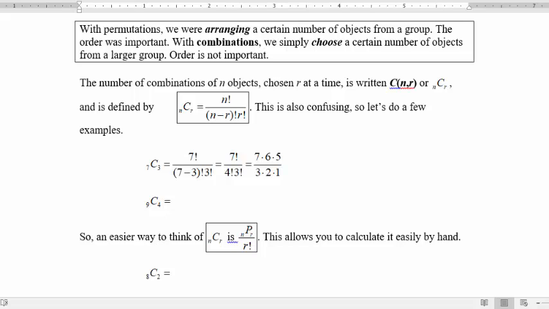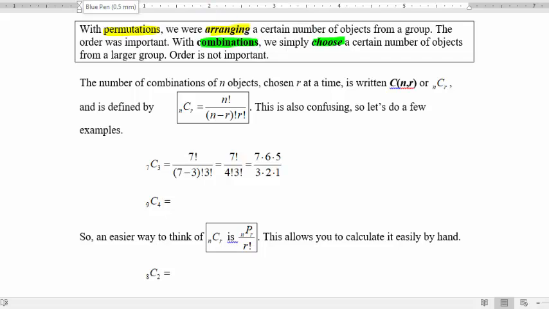All right, now switching gears inside section 12.2, we're now going to talk about combinations versus permutations. When we were doing permutations, we were arranging, or ordering. When you switch gears and talk about combinations, you're no longer arranging, you're just choosing a certain number of objects from a larger group.